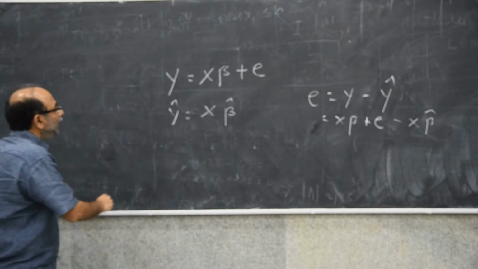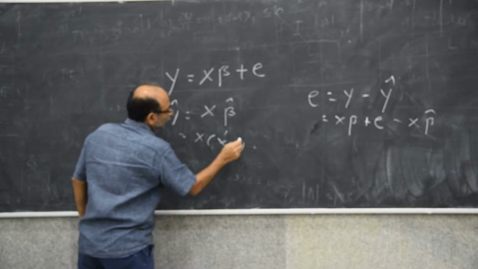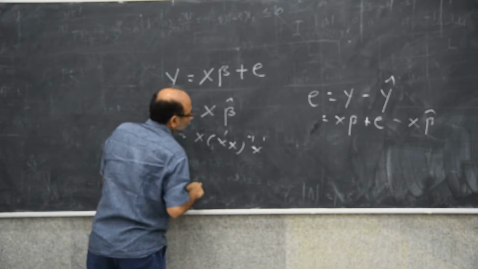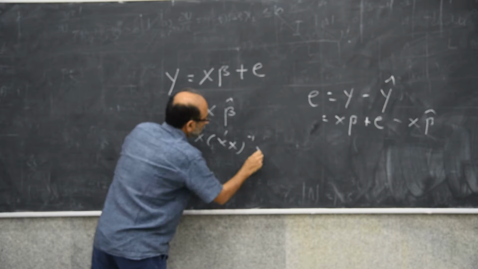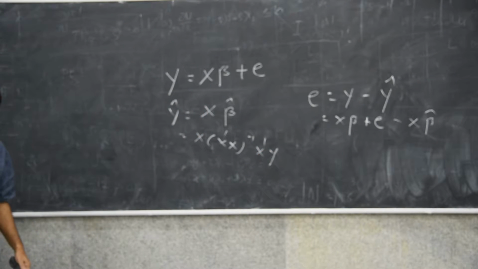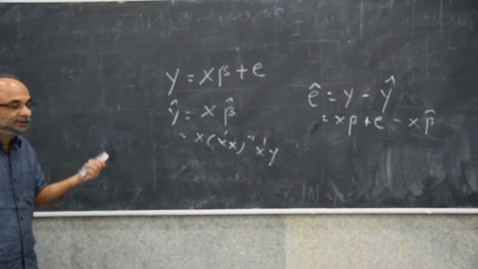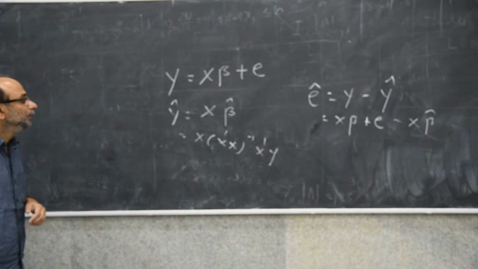Now, what is x beta hat? We do x into x dash x inverse x dash y. So this is e hat. I should call it e hat because this is an estimate.